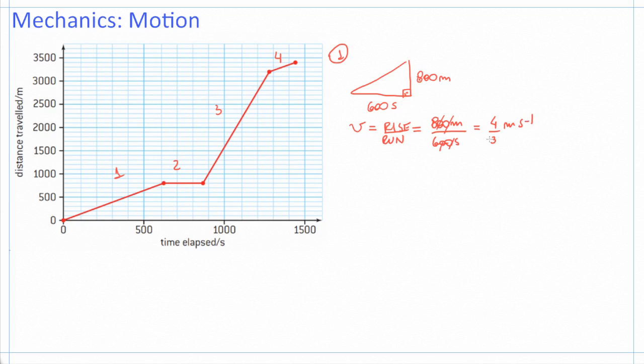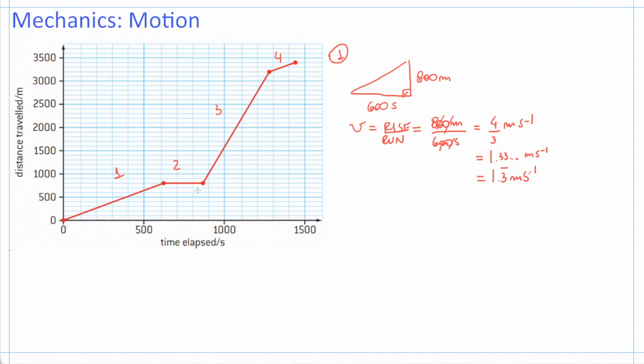Or we could express this number as 1.3333, a recurring number, or roughly 1.3 meters per second. So that's our average speed here in this beginning.